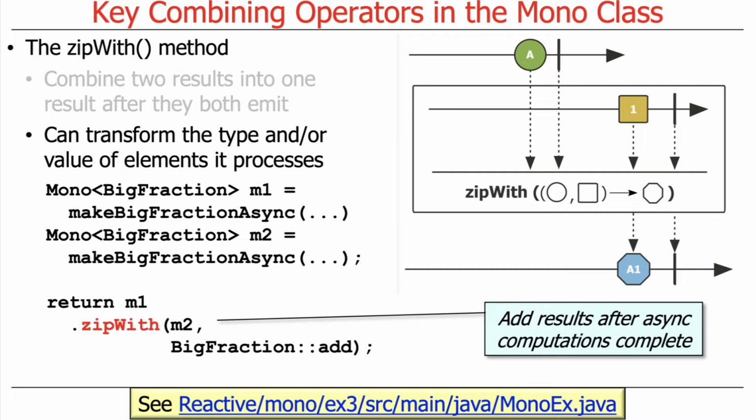It takes two parameters and returns a single result. So it adds the two results of the asynchronously created large random BigFractions, after the other one's complete. And in this particular case, you can imagine there's really no sense in running that asynchronously because we're just adding two things together. But I guess if they were big enough, we could run them asynchronously, and we could do that by using subscribeOn and all the other good stuff to run in the background.